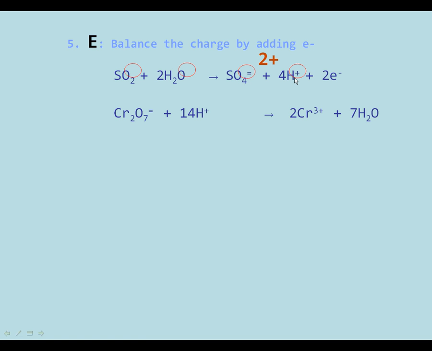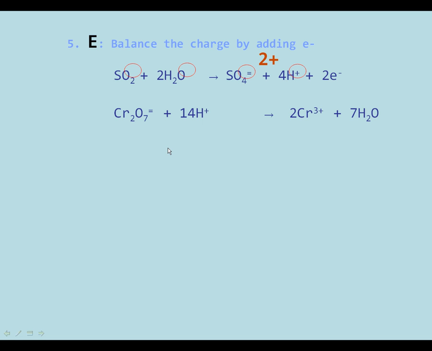There are 4 positives from the hydrogen. 2 negatives, 4 positives gives us an overall of 2 plus. And to balance that, we need to add 2 electrons to the right-hand side, because now by adding 2 negatives on the right, that has cancelled the 2 positives that we've got on the right-hand side, which now brings the right-hand side to 0, which is the same as the left-hand side. So both sides of the equation now have the same charge.